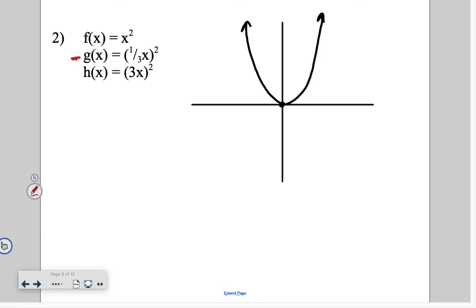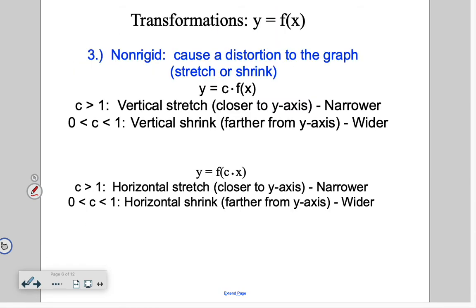Okay, we're multiplying in this case, so I know that it's either a stretch or a shrink. Whenever you multiply, so this is going to be a horizontal. If you take a look, let me go back to the notes for a second. Whenever c is between 0 and 1, it's a horizontal shrink, and therefore it's a wider parabola. Okay?